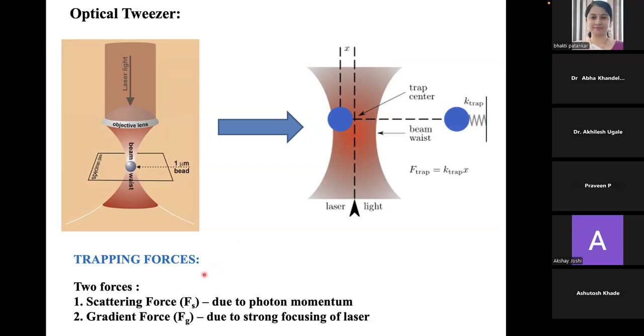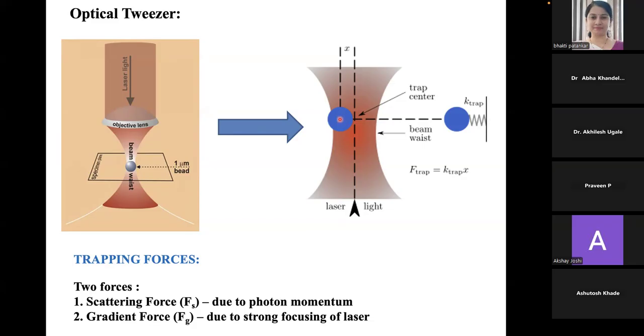Okay, in such a situation, what we generally see is that there are two forces acting on the bead. By the way, mind you, this bead is a few micrometers in size. So this is maybe 3 micrometers in size. To give you some rough idea, a human hair is about 50 micrometers. So this bead, if you take it as 5 micrometers, is 10 times thinner than the thickness of the human hair.